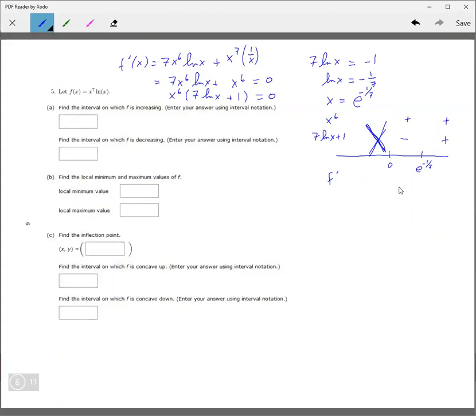That means the first derivative will be negative there and positive there. So increasing on this interval from e to the negative 1 over 7 to infinity, decreasing on this interval from 0 to e to the negative 1 over 7.